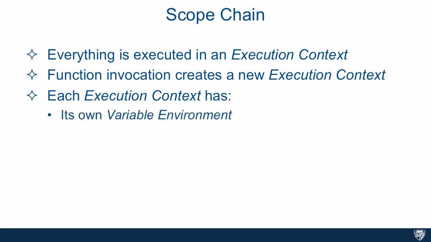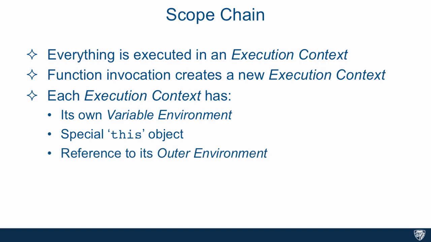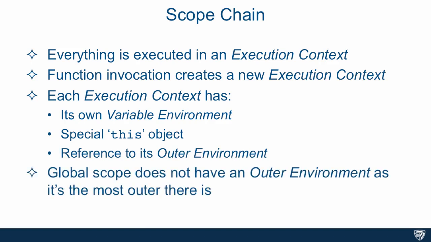This is where it stores its newly defined functions and variables. It also gets this special this object, which we're going to talk about at a later lecture. And what's most important for our discussion right now, it gets a reference to its outer environment, meaning the execution environment within which this particular function is defined. Now, global scope does not have an outer environment simply because it's the most outer there is.